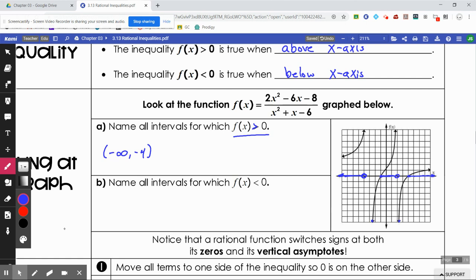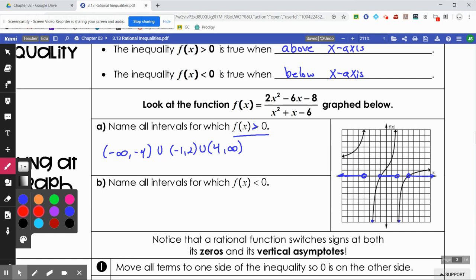Since it's greater than, that's going to be an open circle for all these, so let me change this one over here also to an open circle. That's everywhere from negative 1 to 2, and then finally everywhere from 4 to infinity. So that's where your function is above the x-axis.